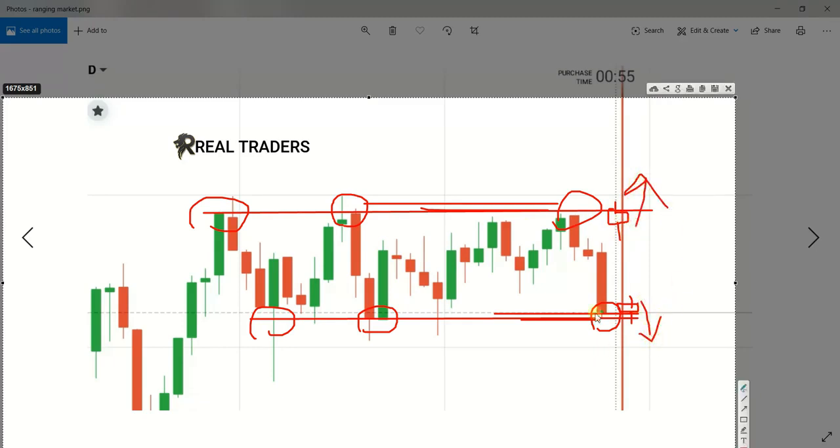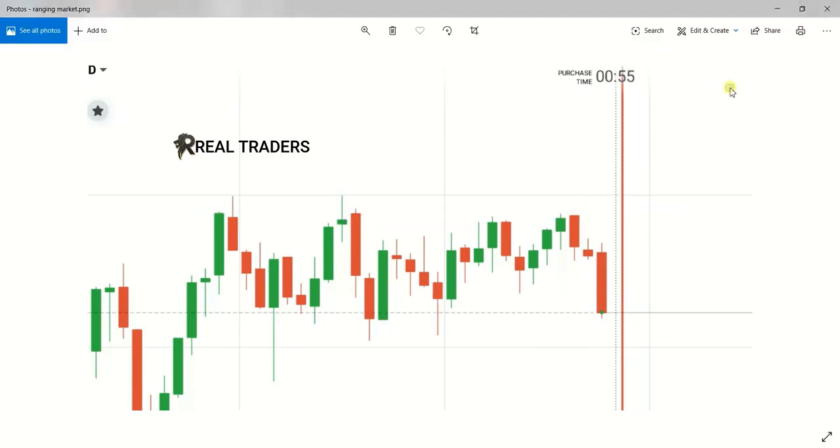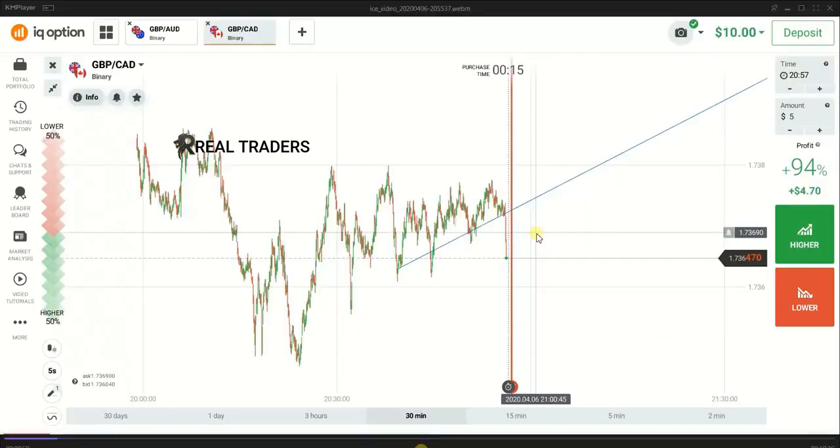Okay, so it is good to trade at these levels. It will mostly work when the market closes at the level, not with a gap. So when the market closes at the level, you can place your trade, not like this. You can see here it is a big gap, so we cannot trust here. So when the market closes at this low level or high level, it will work. And let me show you an example.